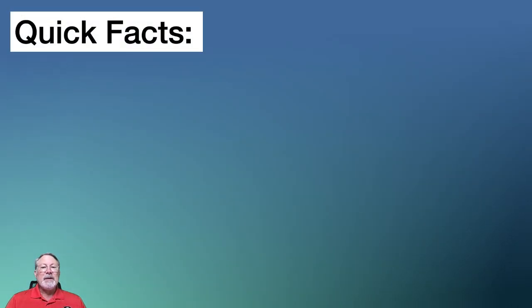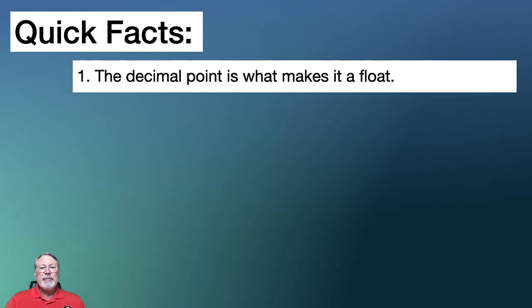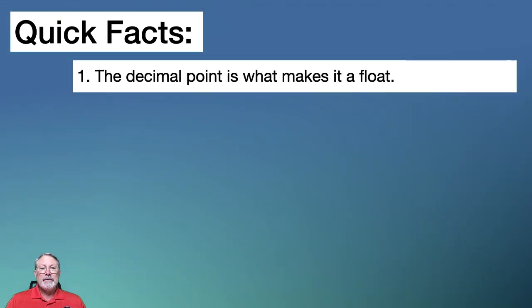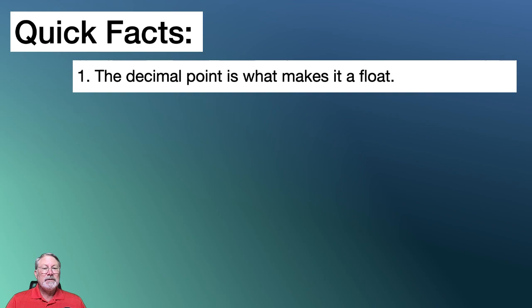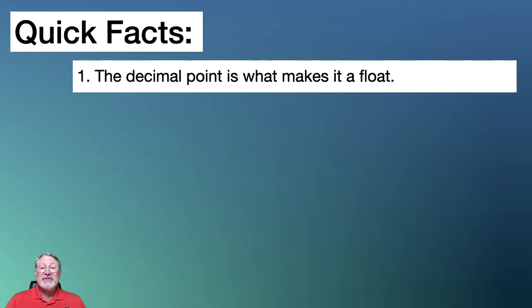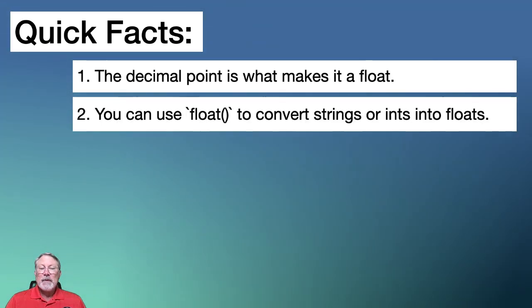Here are some things to keep in mind when working with floats in Python. The decimal point is what makes it a float. 5 is an int. 5 decimal point 0 is a float. You can use the float function to convert strings or ints into floats.